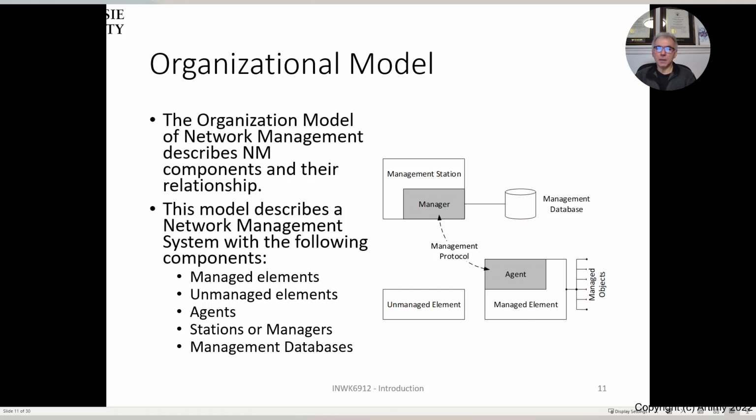In that case, from the perspective of SNMP, that switch that you bought is not manageable. It's unmanaged element, right? So this is important to make sure that you understand. This is from the perspective of this organizational model. You can still maybe manage this element in a different way, but not using this model, right?